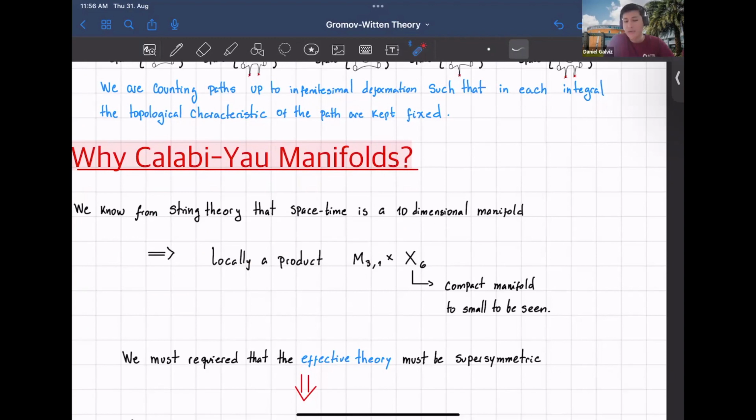Of course, in nature, we haven't observed supersymmetry yet. Some people have supersymmetric models for the standard model, but they haven't been seen at CERN in the LHC yet. Some people don't believe in supersymmetry, some other people believe in it, but it's the only consistent way to describe a string theory.